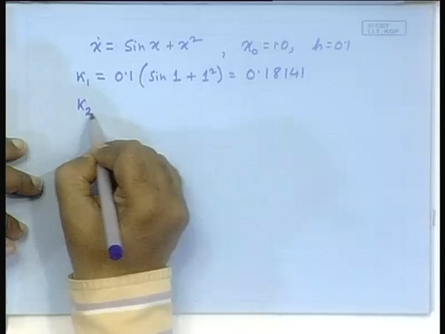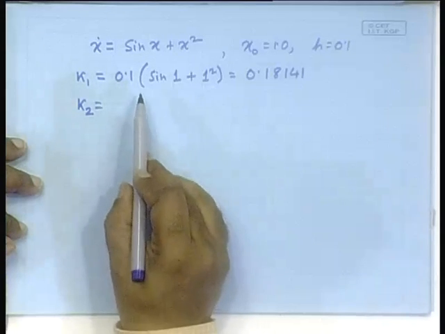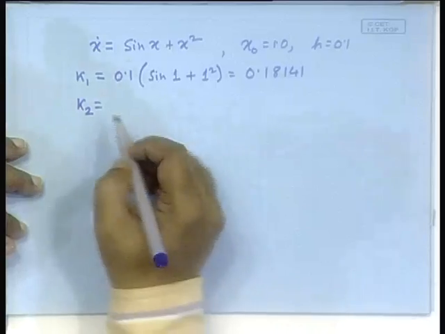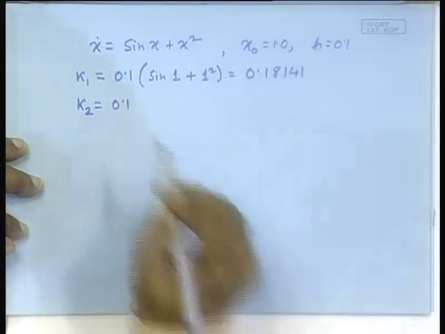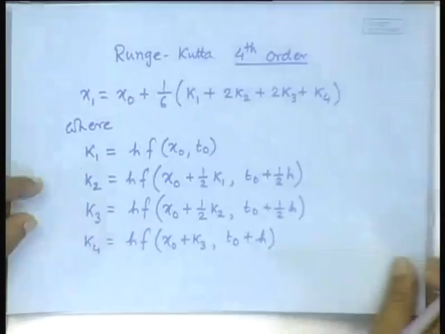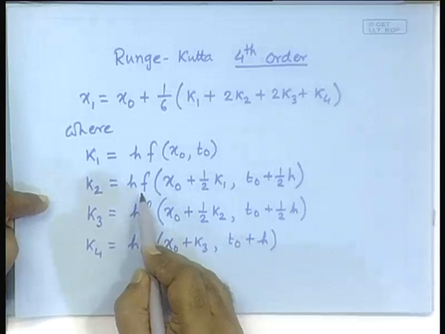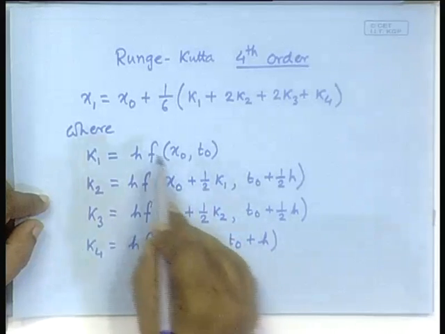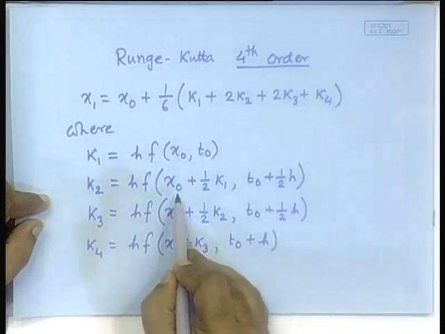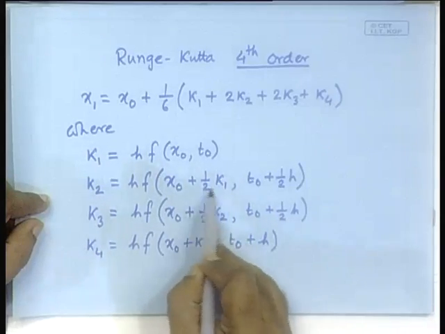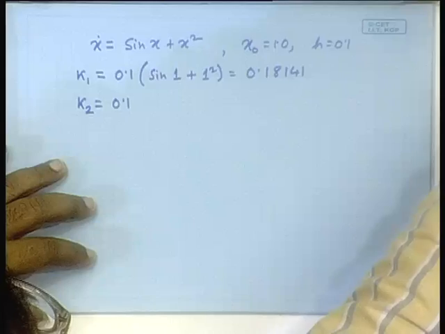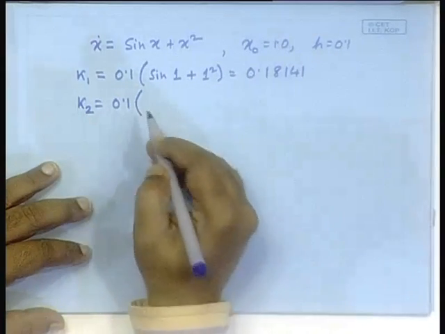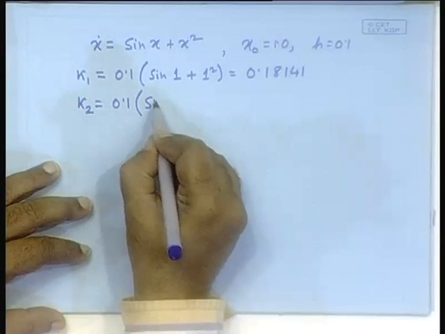Then your k2 will be 0.1 times h f of x naught plus half k1. So, calculated at that particular point, it would be sine.